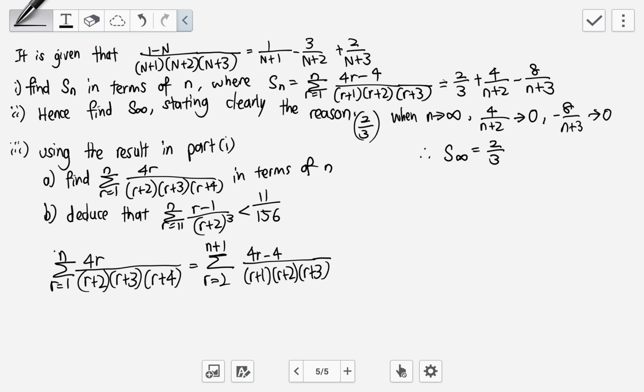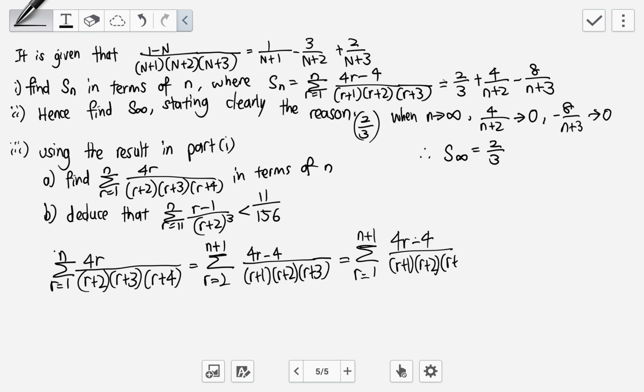Therefore, I know that these two series are exactly equal. If I write out each term in this series, the two series are exactly equal. I need to make use of this, but this is r equals 2 and this is r equals 1. But actually it's no big deal to change it to r equals 1 to n plus 1 of 4r minus 4 over r plus 1, r plus 2, and r plus 3.